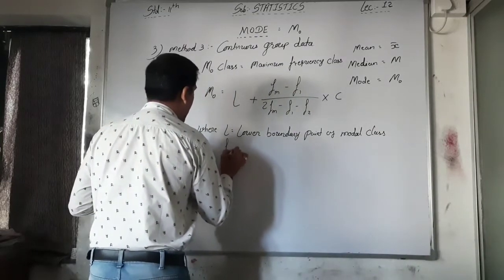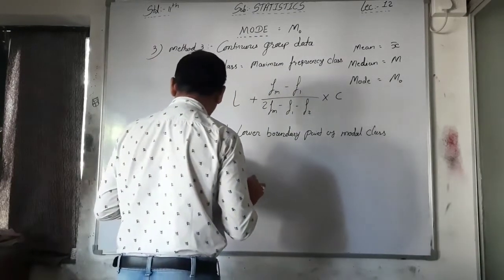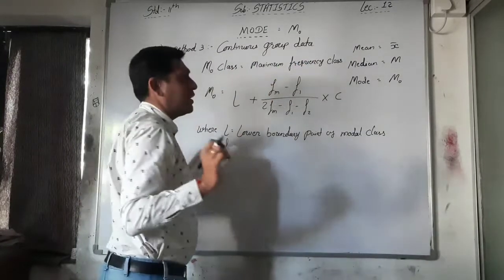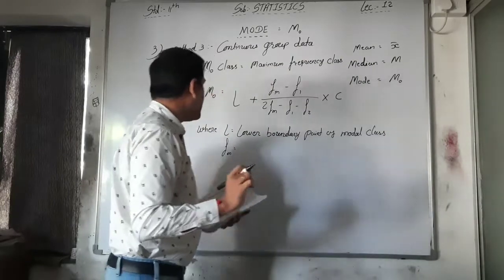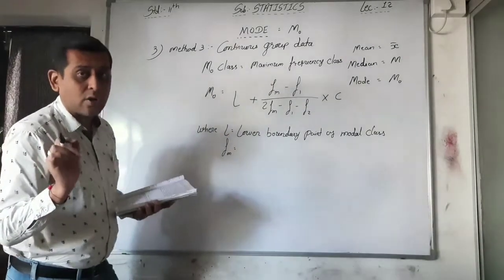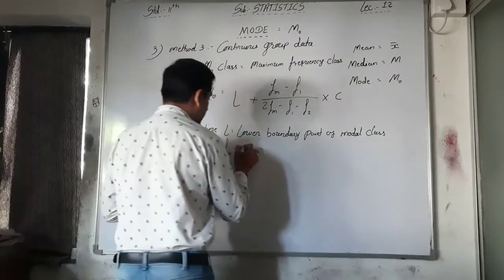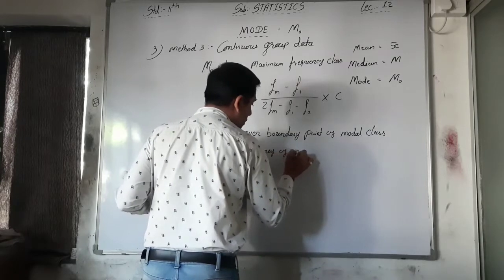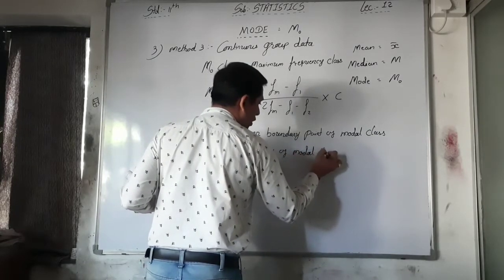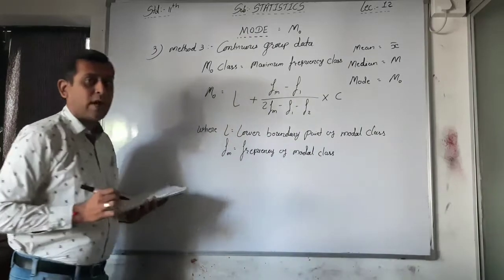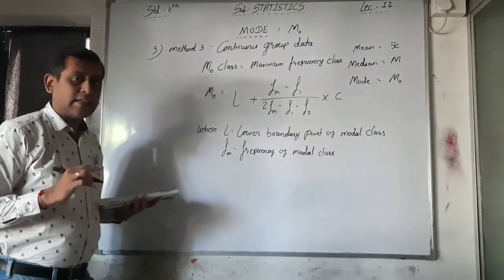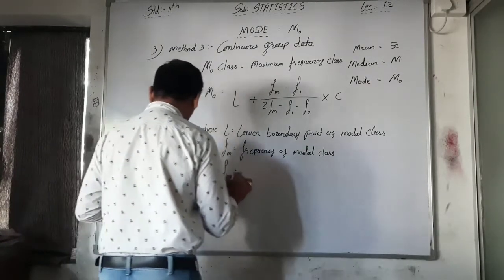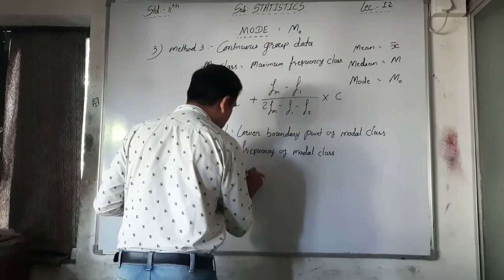Second one, Fm, the maximum frequency of a modal class. The maximum frequency class is our modal class, so Fm is equal to the maximum frequency or modal class frequency, the highest frequency. Now F1 is the frequency of the class prior to the modal class.